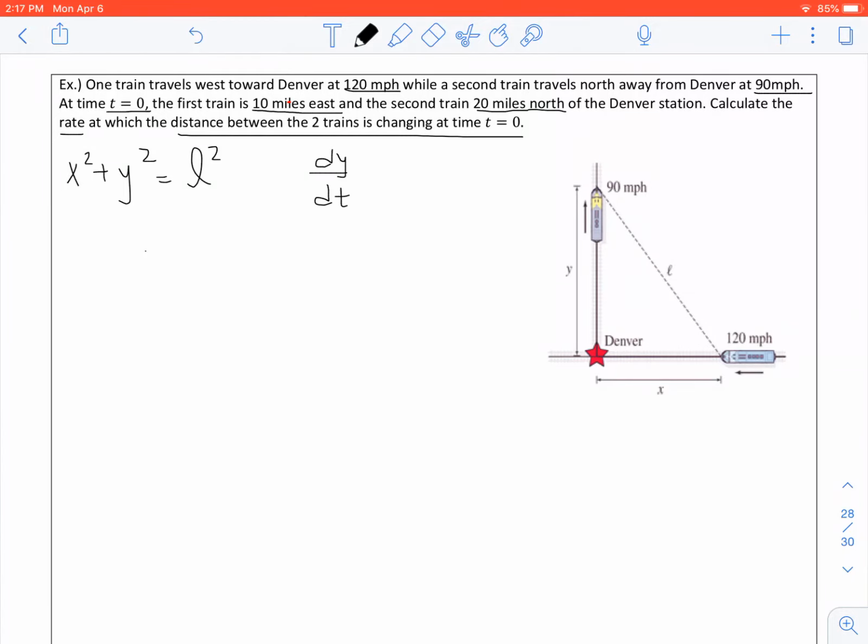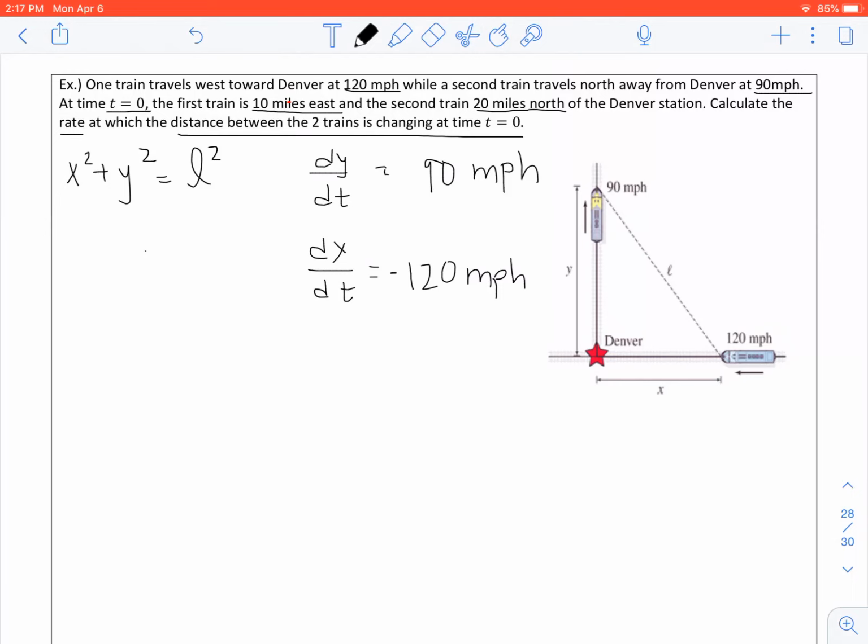So y is the train that's moving north of Denver, and that train is going 90 miles per hour. And dx/dt, the train that is moving towards Denver, is going 120 miles per hour. Now the value of 120 miles per hour is actually negative, so I'm going to put a negative sign on there.